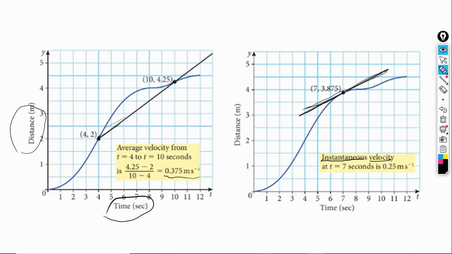If we calculate the slope of this line, we would get 0.25 meters per second. What does that mean? That means at that very instant, when time was equal to 7 seconds in this case, the instantaneous velocity would be 0.25 meters per second, represented by the slope of this tangent line. So that is what calculus deals with.